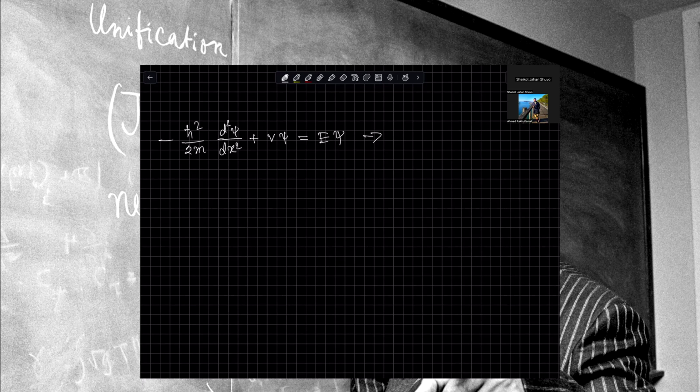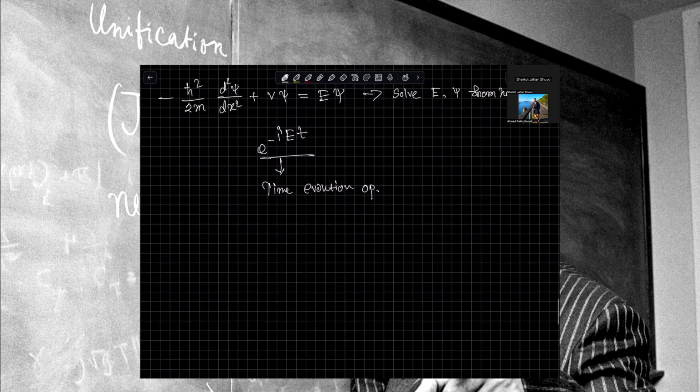If you can solve this one, then you can use that answer and put in a time evolution operator. This is known as a time evolution operator, to know the wave function at a certain time t.